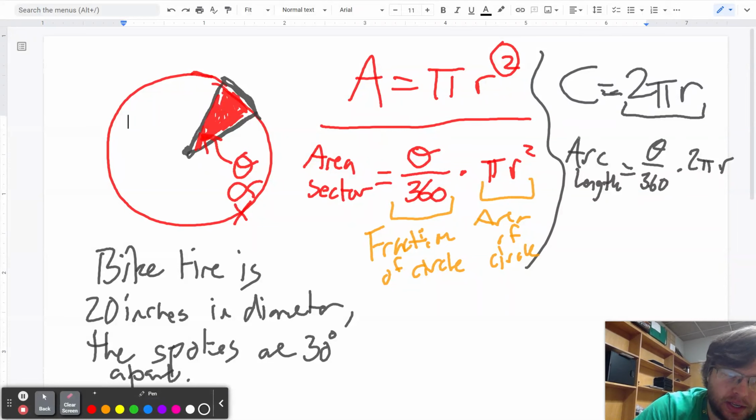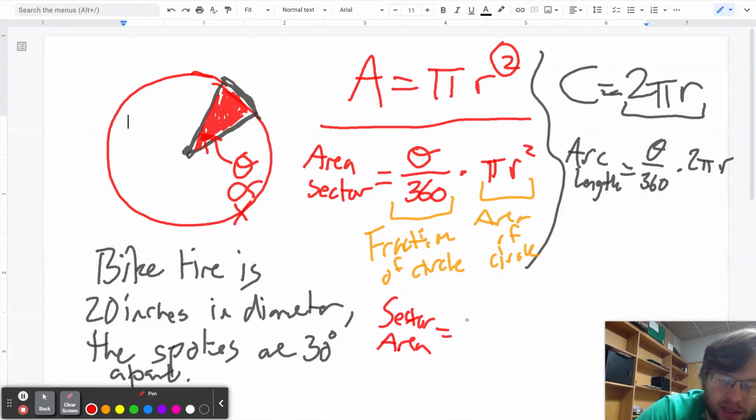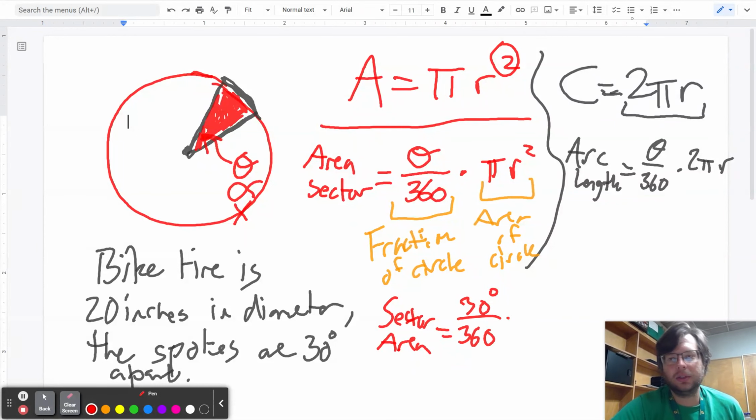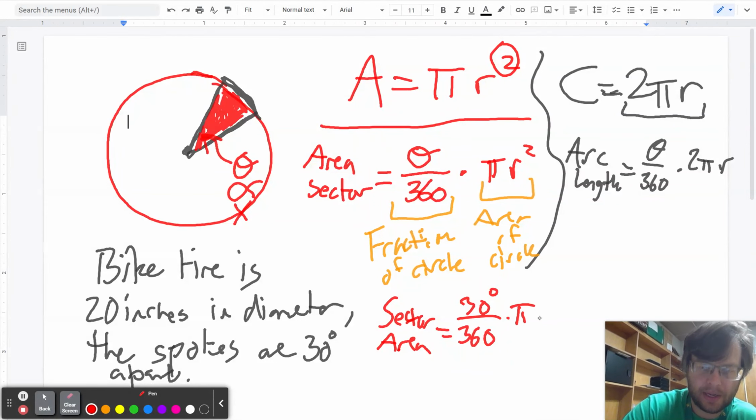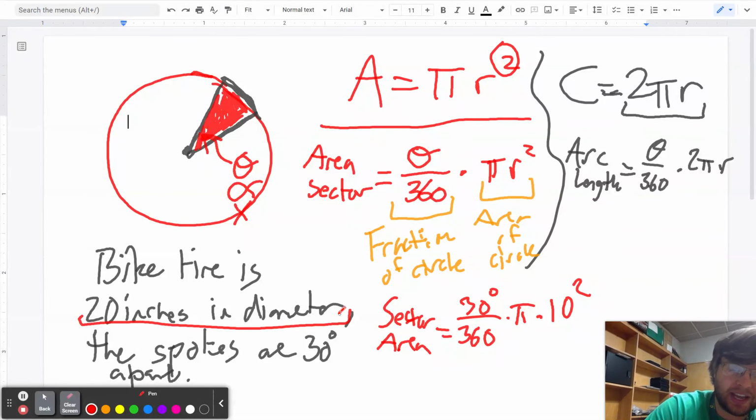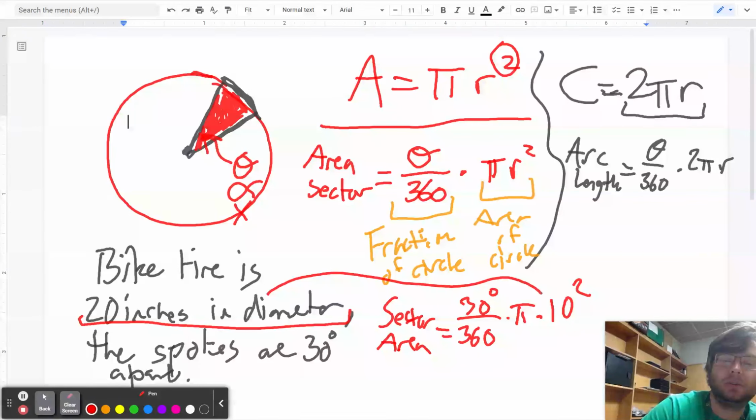To find the sector area, we would do 30 degrees divided by 360 times pi times the radius squared. You might wonder, where did the 10 come from? I said the bike tire was 20 inches in diameter. If you divide that by 2, that's how I got the radius. So just be careful and make sure you're reading it carefully.